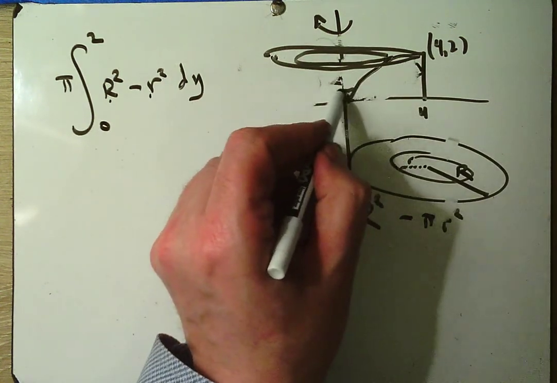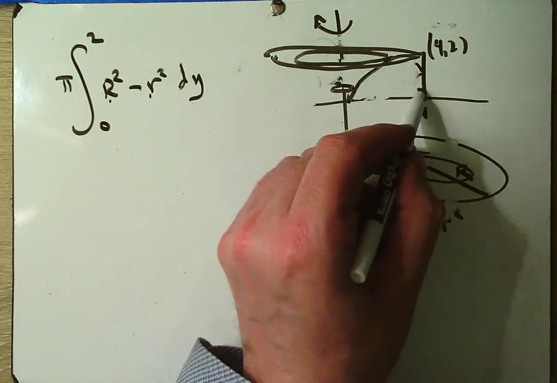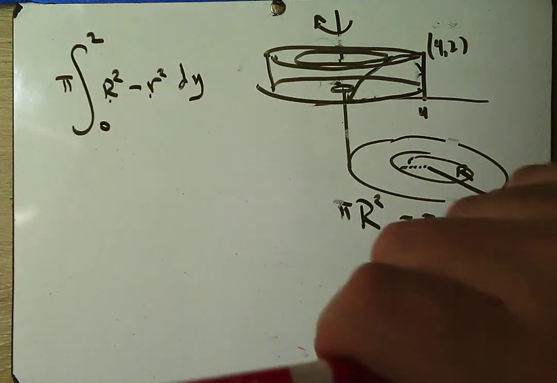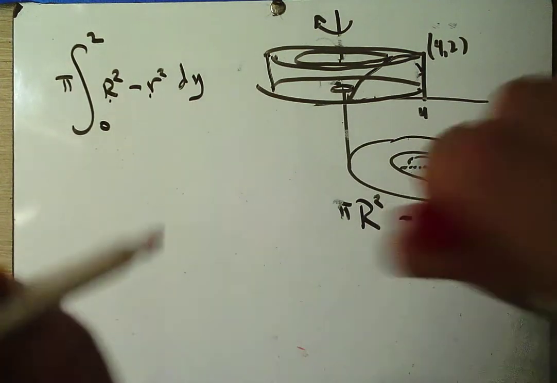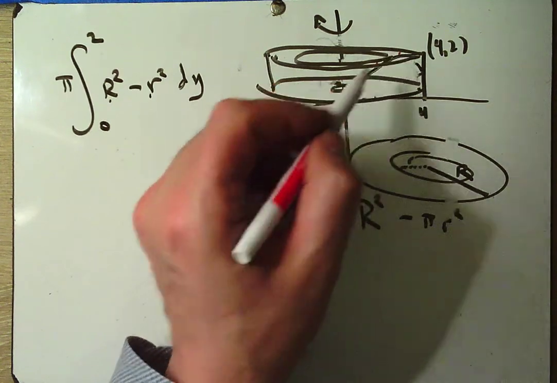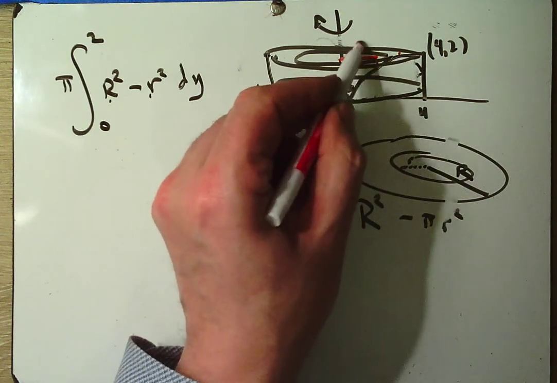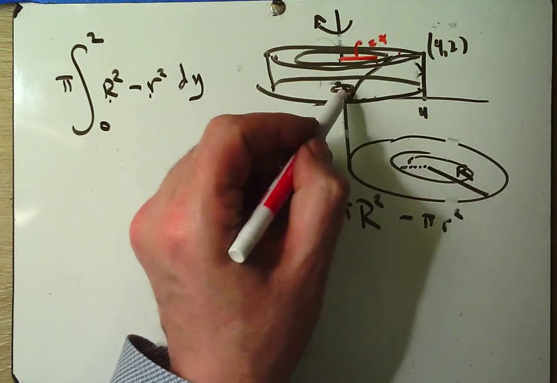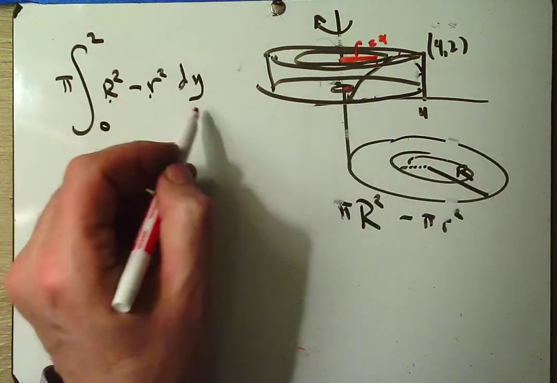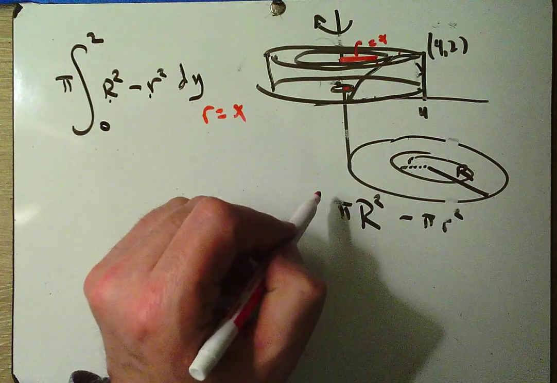If I drew down here, it would be very narrow. Well, one of the things I notice wherever I draw my washer is that this inner radius is changing. Little r is based on my x value. My x value here, my x value here. Little r is the x value.